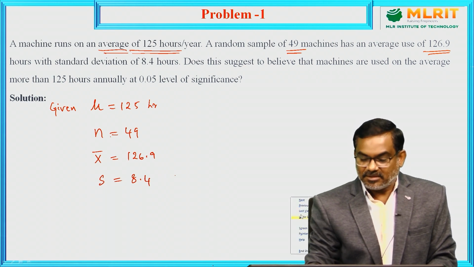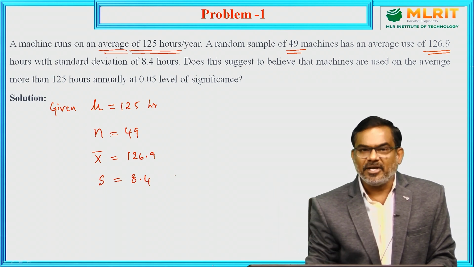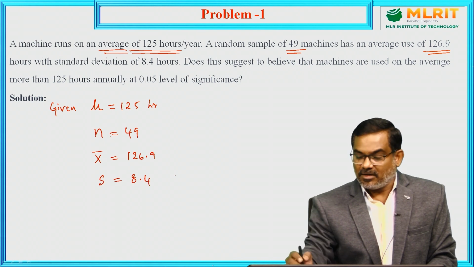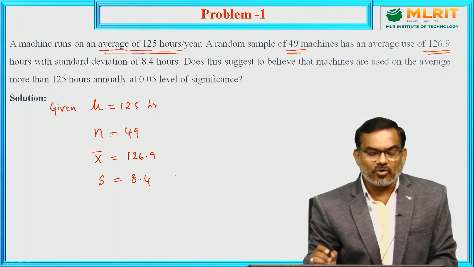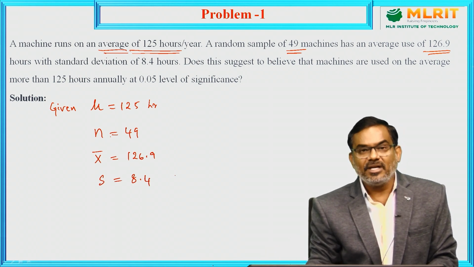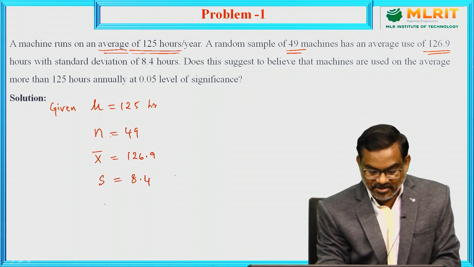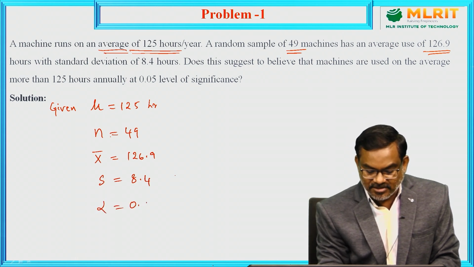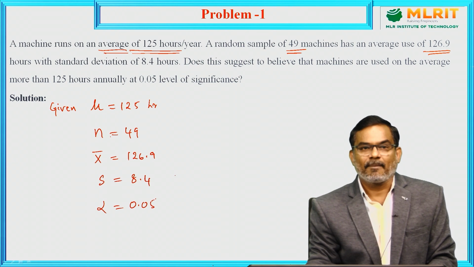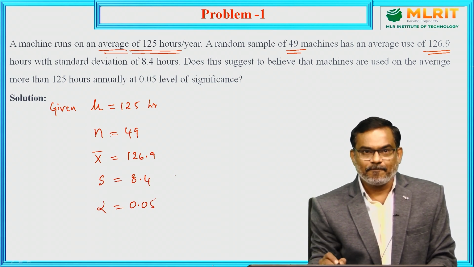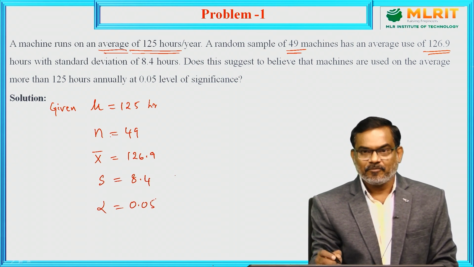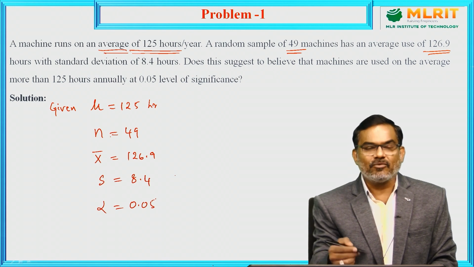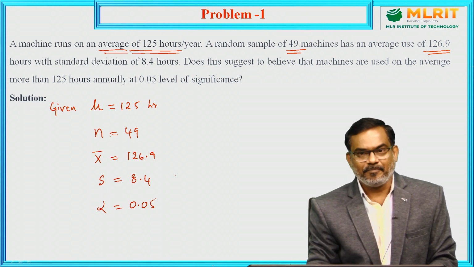Now, does this suggest to believe that machines are used on the average more than 125 hours annually at 5% level of significance? So, alpha is given as 0.05. So, we need to test whether the machines are using more than 125 hours annually.